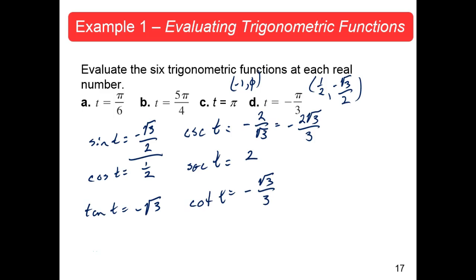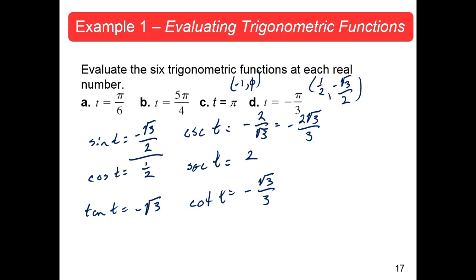They're very, very similar to what your example was, and that way you are not spectating, watching me or someone else do it, you're doing it yourself. And if you can't remember how we did it, audio video solutions are at larsonprecalculus.com. You don't need a code for that. Anyone can go to that website. You'd have to know how to navigate it, but I think y'all can figure that out pretty easily.